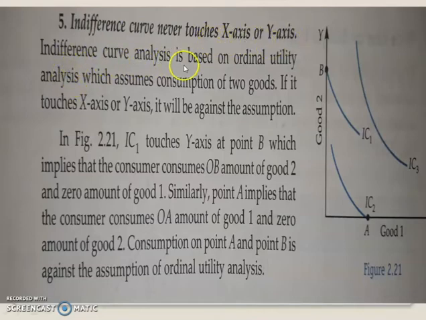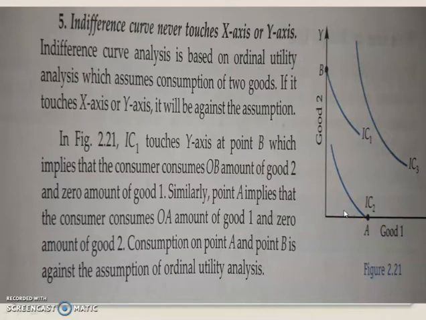Indifference curve analysis is based on which utility analysis? Ordinal utility analysis, which assumes consumption of two goods. If it touches the x-axis or y-axis, it will be against the assumptions. So in the figure, indifference curve 1 touches the y-axis at point B, which implies that the consumer consumes OB amount of good 2, where O is the origin, and 0 amount of good 1.